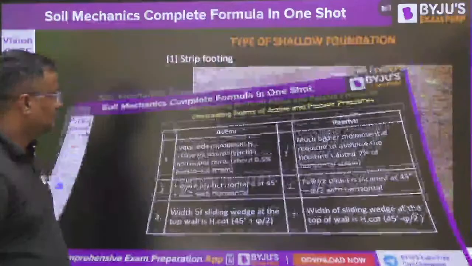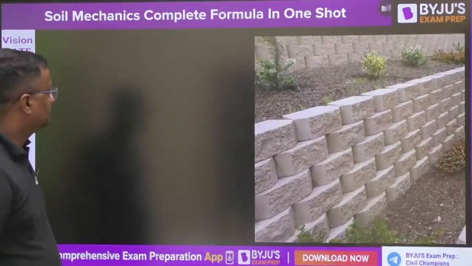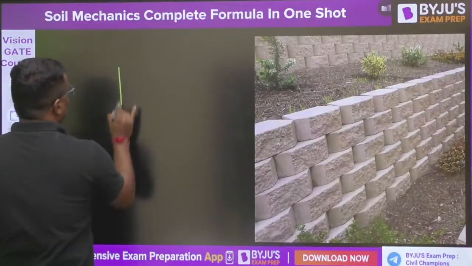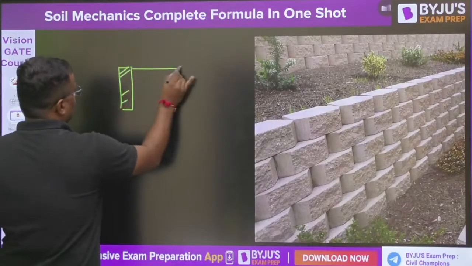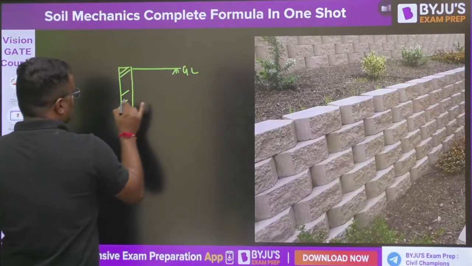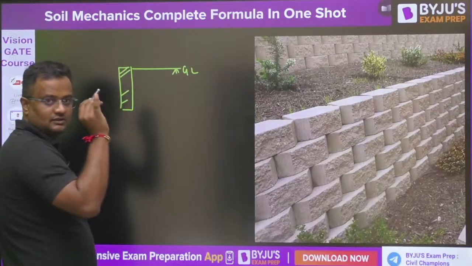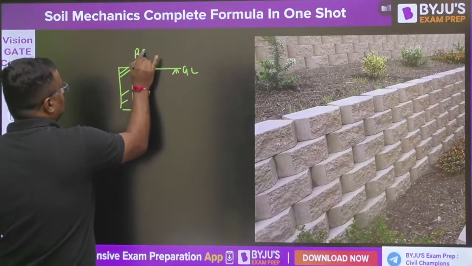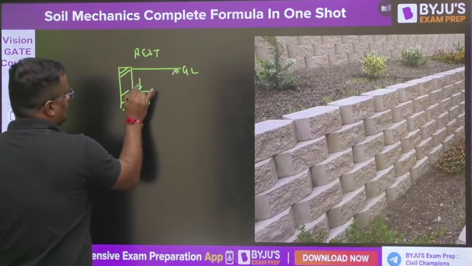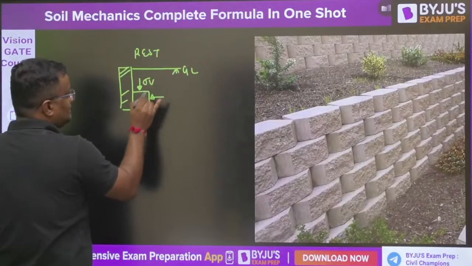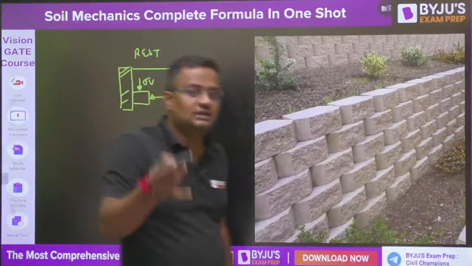Now guys, like this is the retaining wall, this is the ground level. So if it is here only, it is the rest case. Here, if vertical stress is sigma V, in the earth pressure chapter we find the horizontal stress.